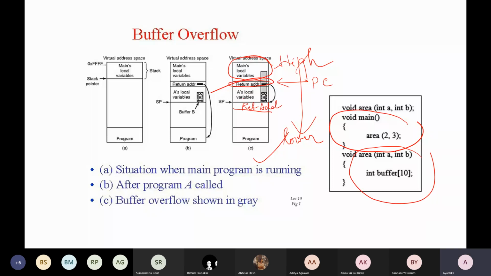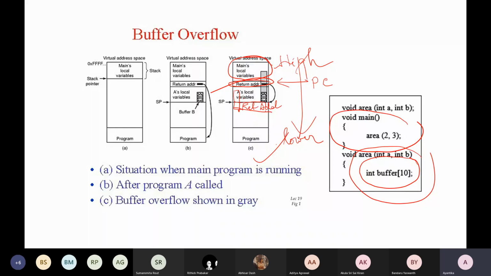Last day I was thinking high was in this direction, that's why I had a confusion. So whenever you think about the buffer, if the buffer is in your second function, here the A function, and the overflow happens, then the growth will be in this direction.